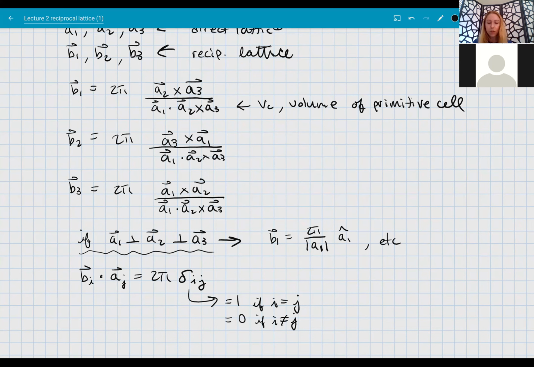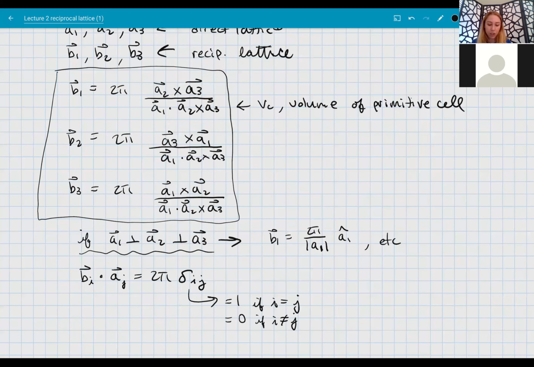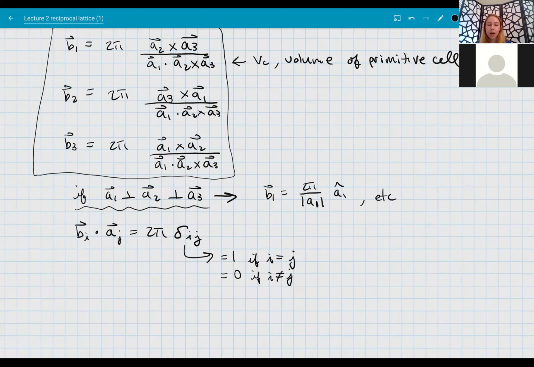Okay, so that is the definition of the reciprocal lattice, and let me put a box around it. The rest of the lecture is going to be essentially connecting this to experiments for learning about the structure of materials and also gaining some more intuition about what the reciprocal lattice actually is.